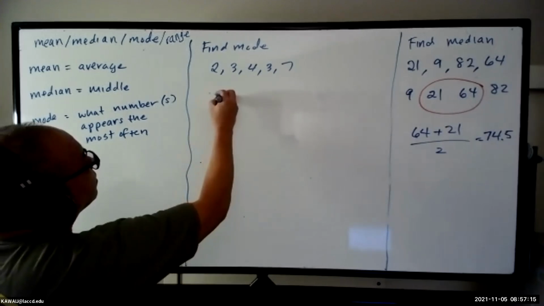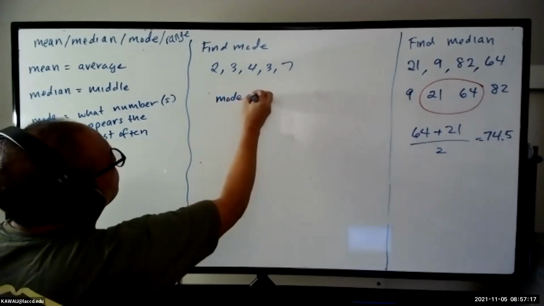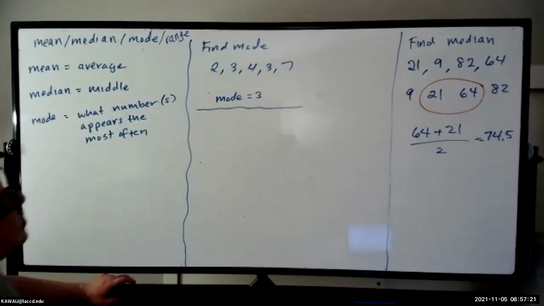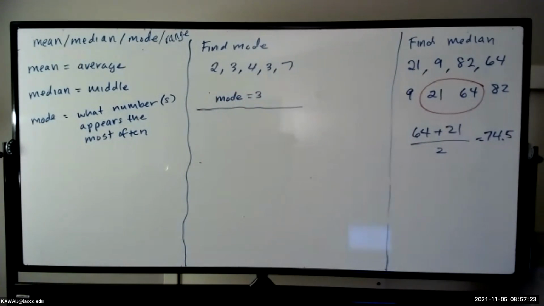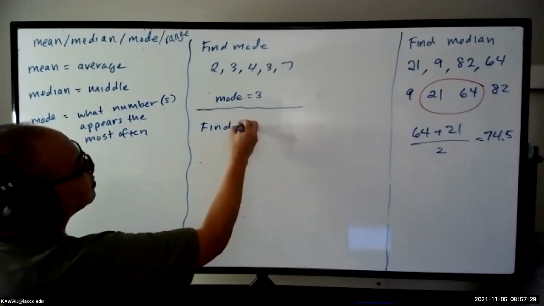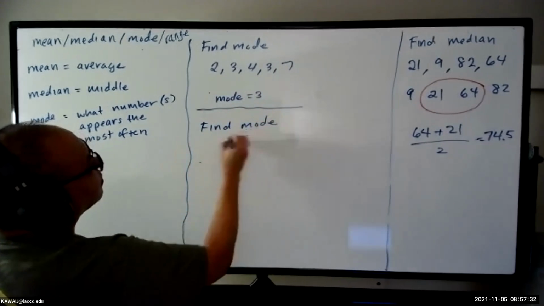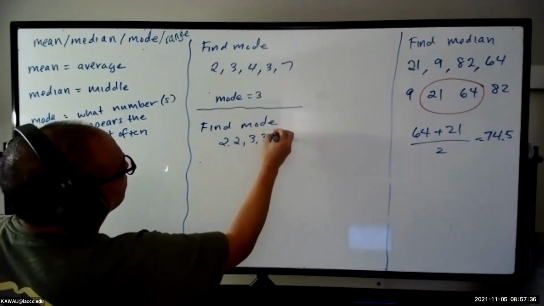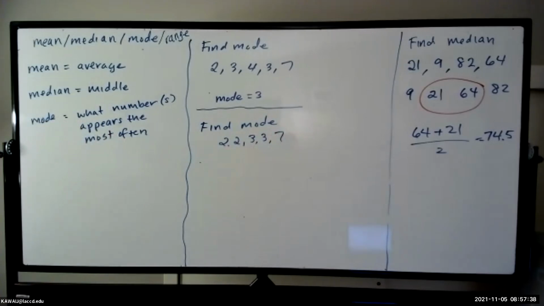The mode is equal to 3, right? And that's pretty obvious. 3 comes up the most often. Now there's a couple ways for me to trick you using mode. Here's one. So go ahead, copy that.